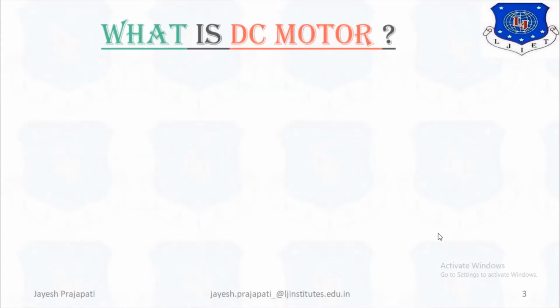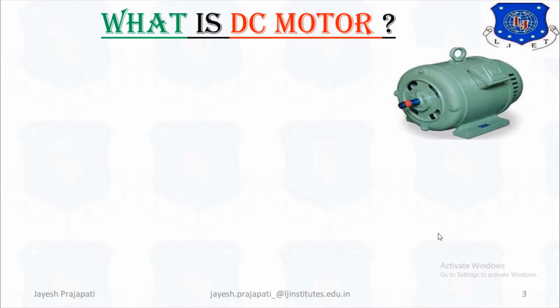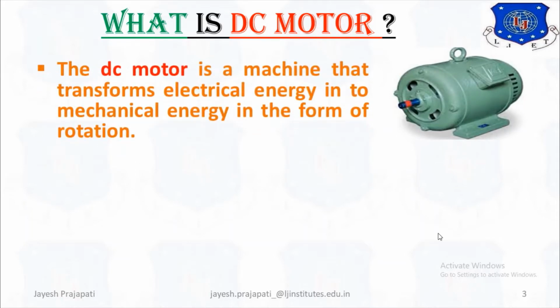Now the question for today is, what is a DC motor? A DC motor is a machine that transforms electrical energy into mechanical energy in the form of rotation. That means a DC motor is a device that converts electrical energy into mechanical energy.